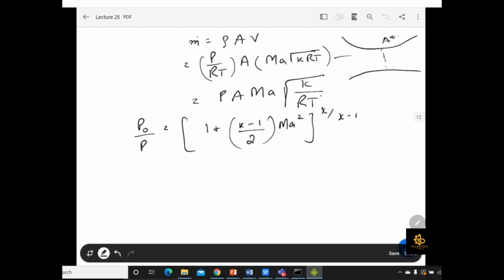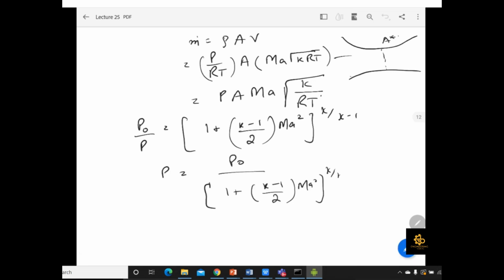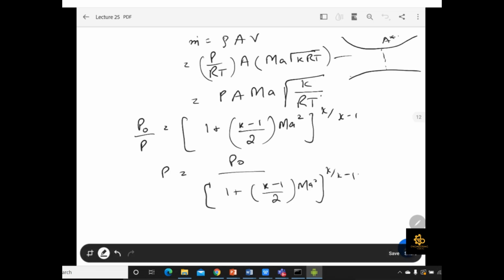From here, the local pressure P is equal to P naught divided by (1 plus (k minus 1) divided by 2 Mach square) to the power k divided by k minus 1. Plug this value into the first equation.